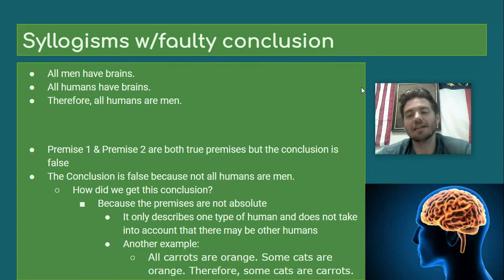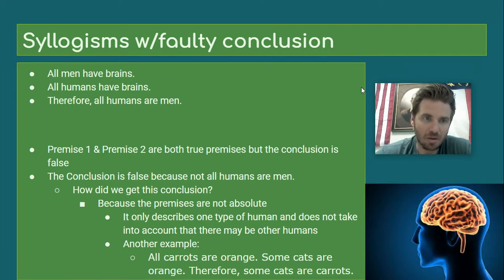And that, again, is a problem with Aristotelian logic. The conclusion is false because not all humans are men. But again, how did we get this conclusion? Because the premises are not absolute. It's not absolute in the sense that it's only taking into account one type of human.